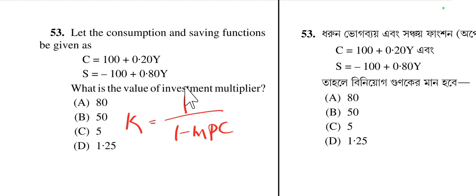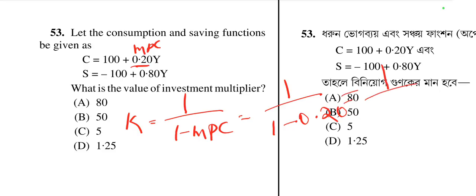From this consumption function C is equal to 100 plus 0.2y, we can see that the marginal propensity to consume is 0.20. Here this is the value of MPC. So just substitute this value: 1 by 1 minus MPC, where MPC is 0.20.